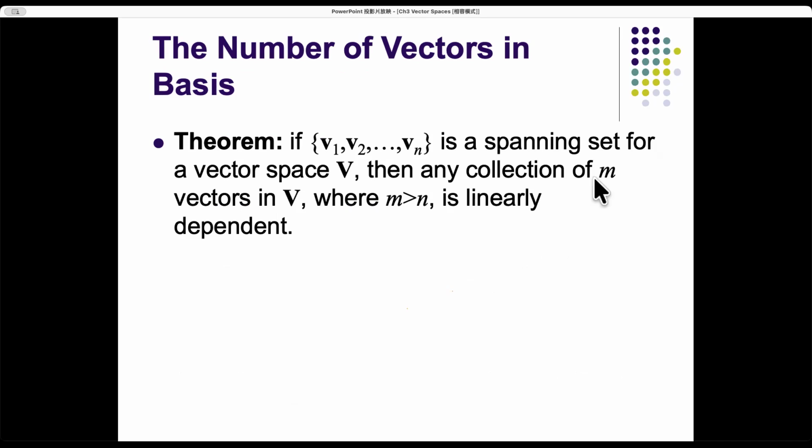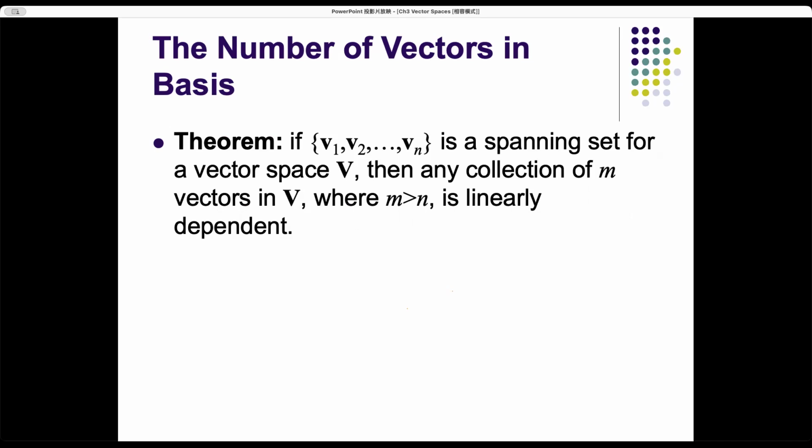So here's the theorem. If v1 to vn is a spanning set for a vector space V, then any collection of m vectors in V, where m is greater than n, is linearly dependent.